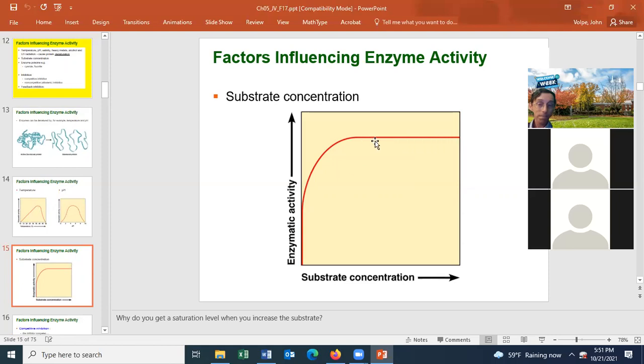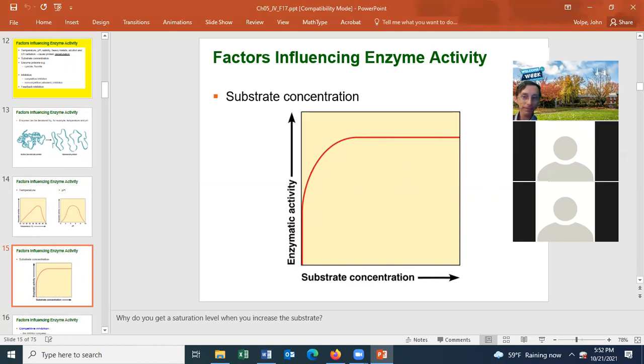Why in this portion did the enzyme activity increase? And then right here, when we add more substrate, the enzyme is not increasing its activity. Okay, nobody wants to guess. We'll move on.